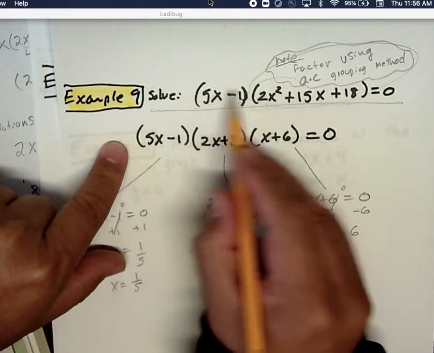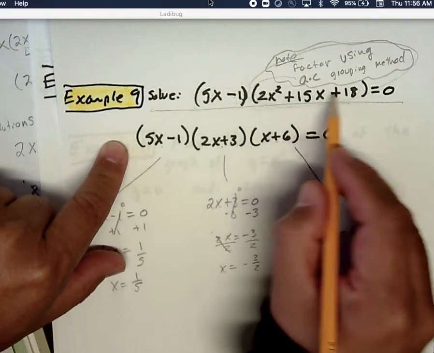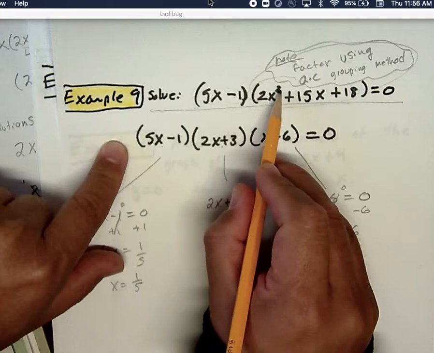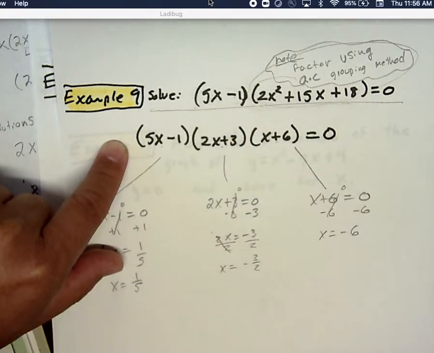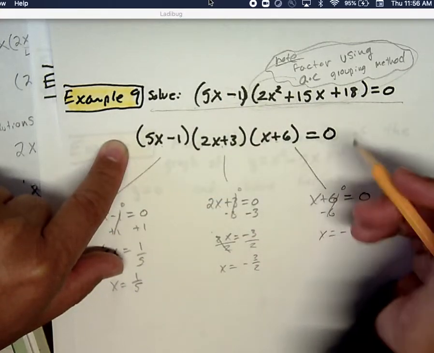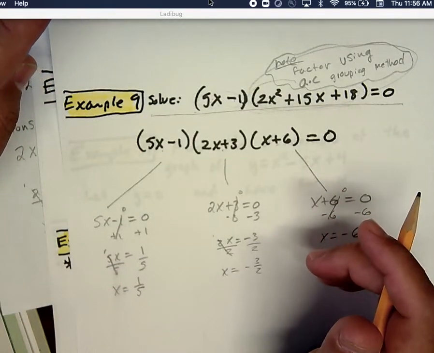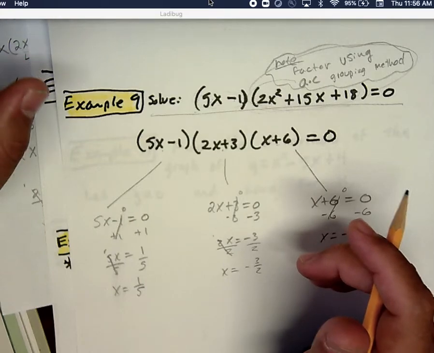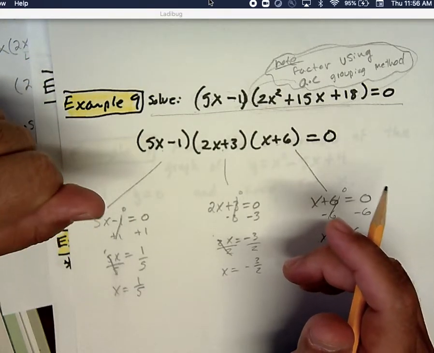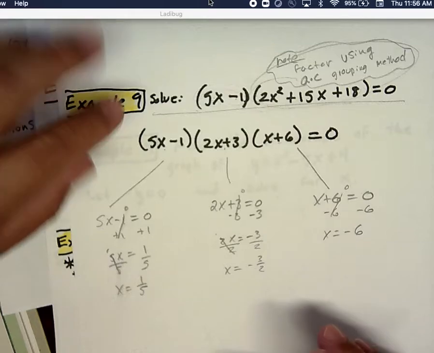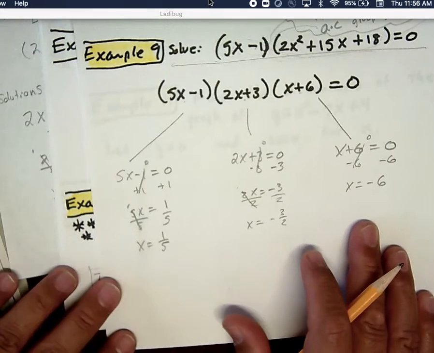X times x will give you x cubed. So this is a cubic function, and cubic functions can touch the x-axis 3 times. That's why it has 3 solutions.